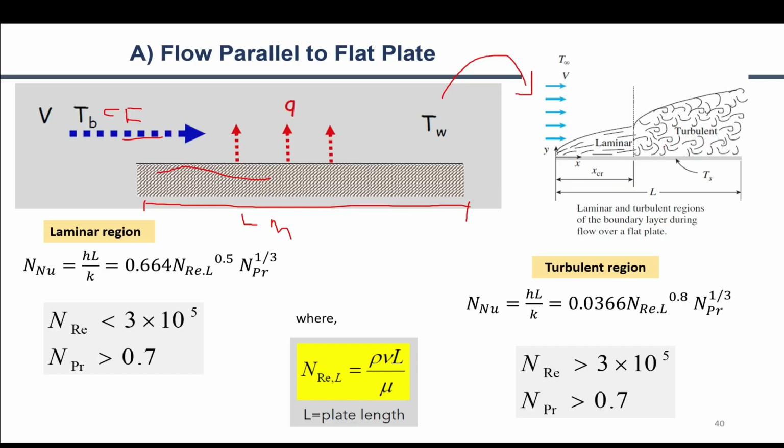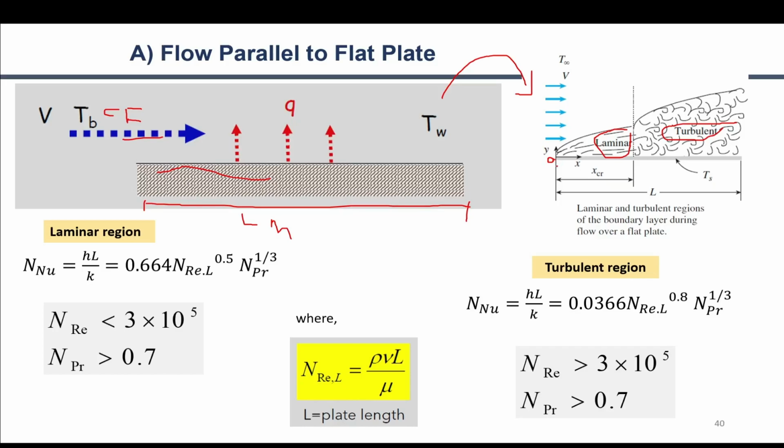I want to show you that when there is a parallel flow over a flat plate, the flow could either be in the laminar region or the turbulent region, depending on how far the x coordinate is measured along the plate surface. This is x equal to 0.